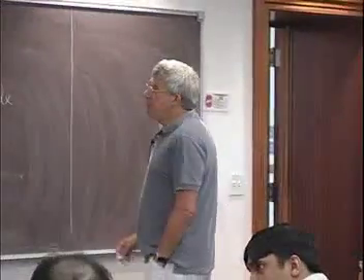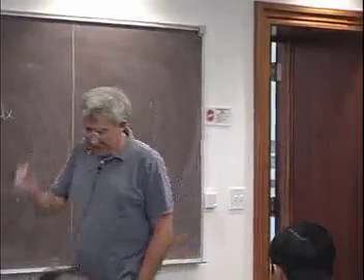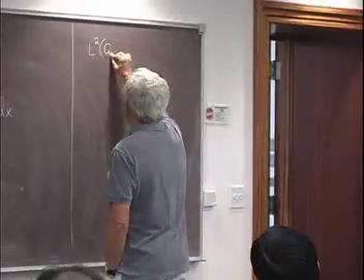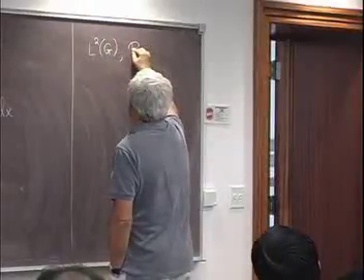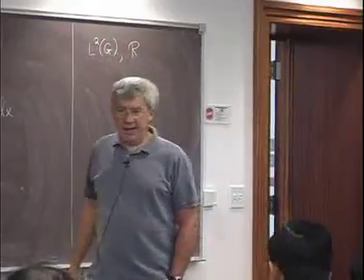Because we could view the whole issue as, in our finite group case, we could look at L2 of G and look at its right regular representation, and we could try to decompose this.